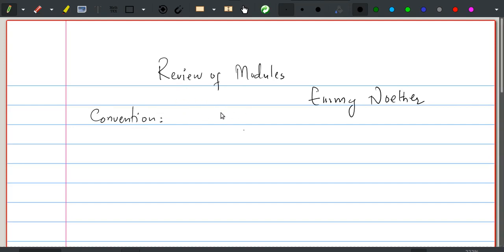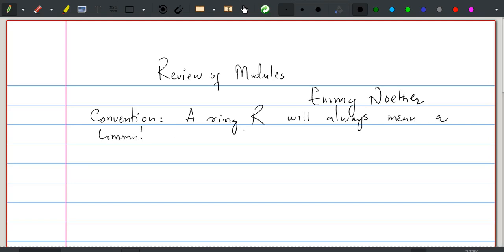A ring R will always mean a commutative ring with unity, unless otherwise stated. So let us define what a module is.